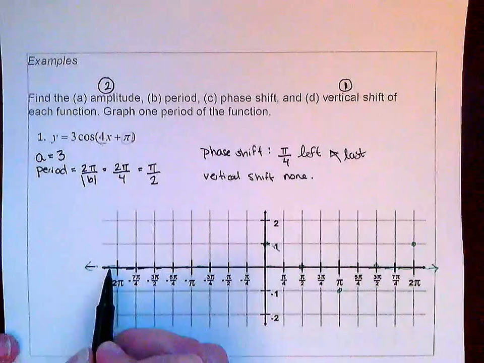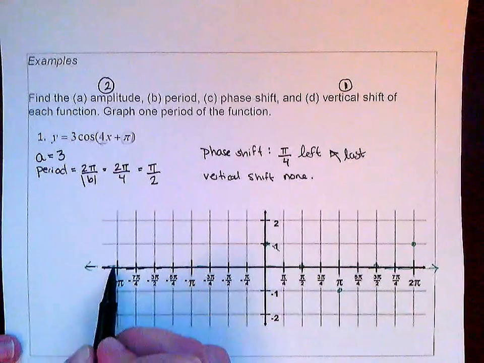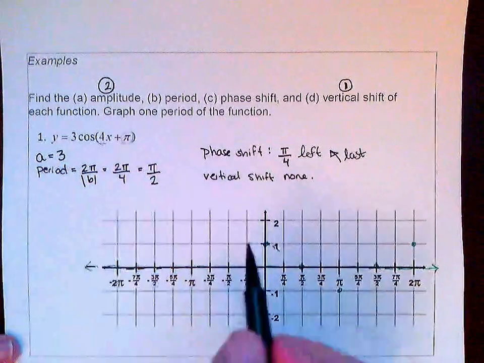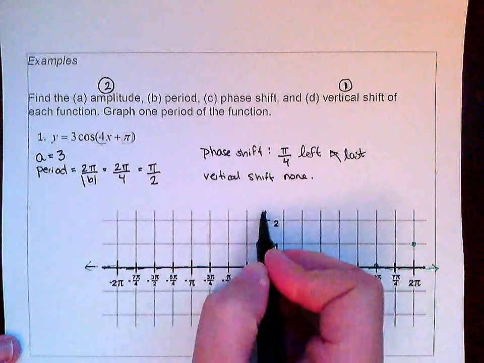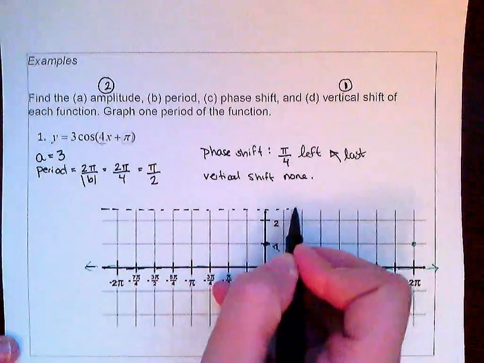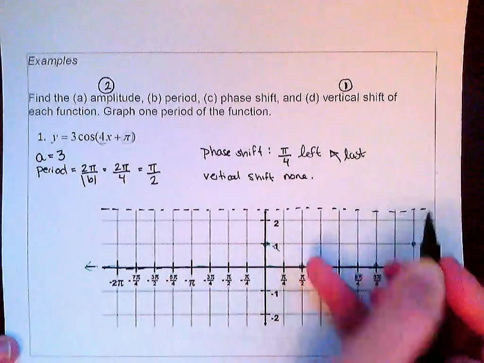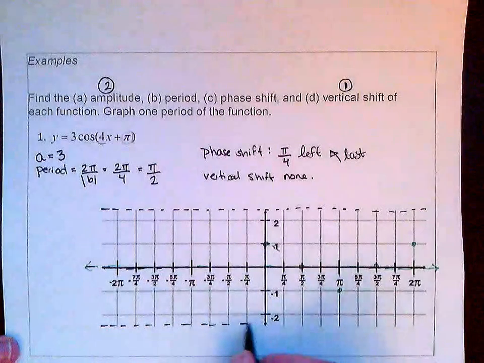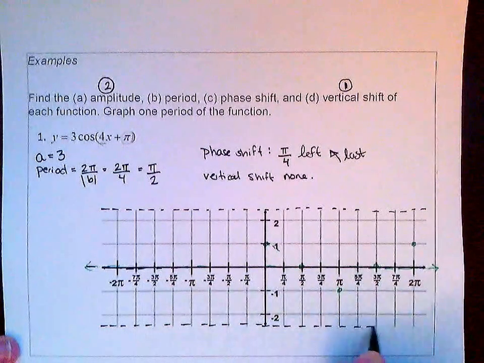And from this midline, I'm going to identify my amplitude. Because my amplitude is up 3 and down 3, I'm going to go up 3 and draw the line where the graph is going, and down 3, and draw a line where the graph is going at the bottom.